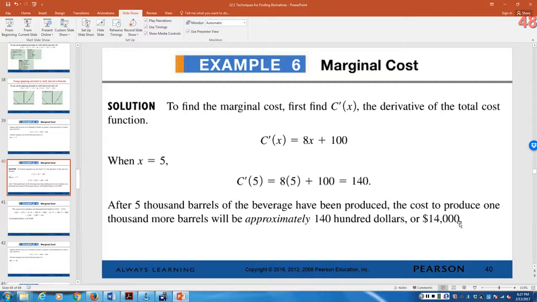Well, if you go back to what we looked at, at that point the actual and the marginal cost are pretty close to the same, but actually the marginal cost makes it appear that the actual cost is less than what it is. But you know that it is going up by approximately what the marginal cost says that it is. And the thing that happens is the further along you go, the more and more thousands of barrels you produce, that marginal cost reduces down.